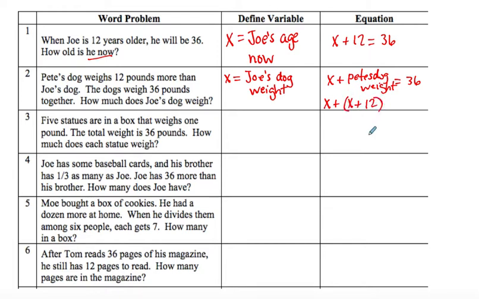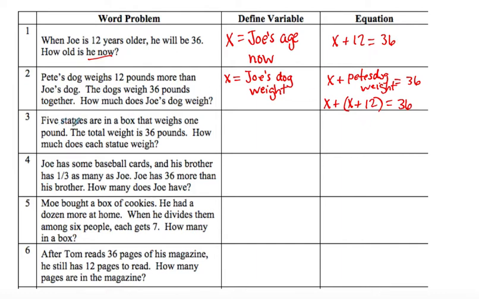That would be Pete's dog's weight. Or excuse me, this would be Joe's dog's weight, and this would be Pete's dog's weight because it's 12 more than Joe's. When I add those together, they would be 36. So then you can distribute that positive 1 through there, add the x's together, and solve for Joe's dog's weight.